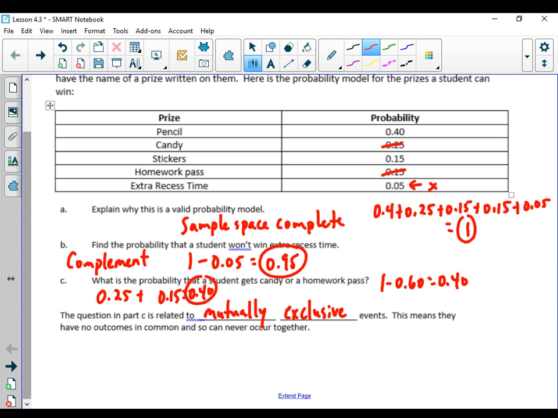And part C is an example of mutually exclusive events, because what that means is they have no outcomes in common. So they can never happen together. So mutually exclusive means one of these could happen or the other one could happen, but they can't happen at the same time.